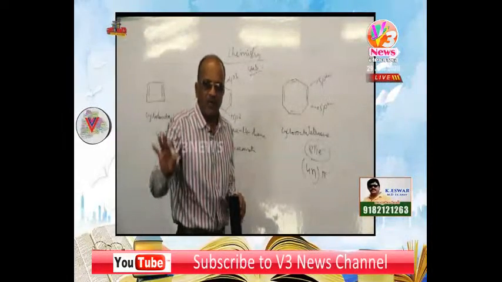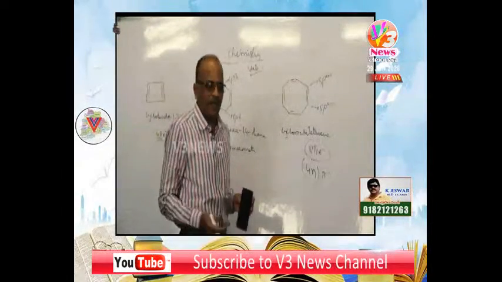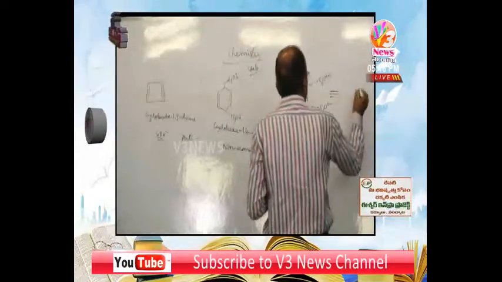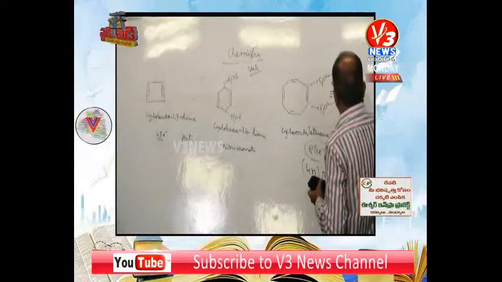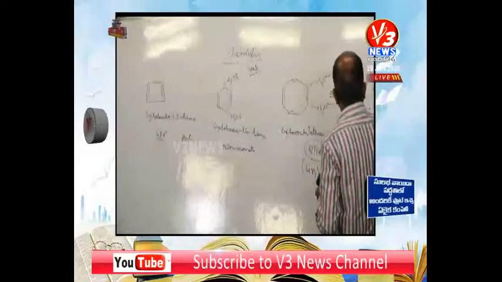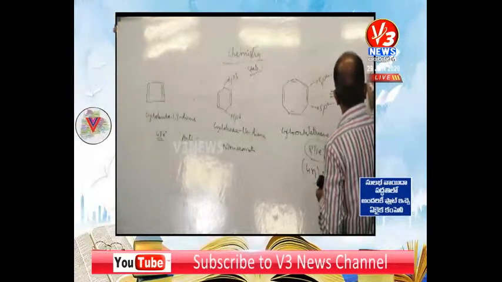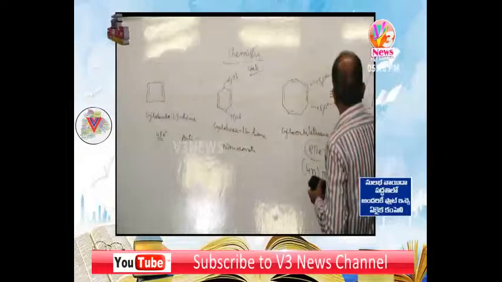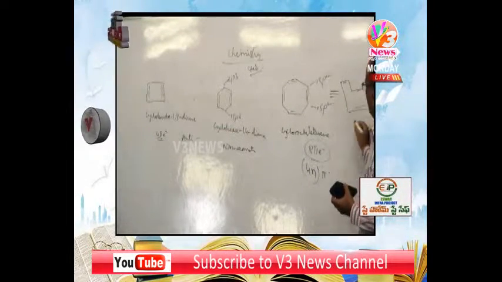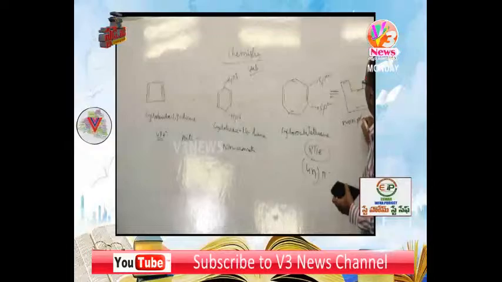Then it should be what? Anti-aromatic. But it does not exist in this shape. Because of strain, it changes into a tub shape. Because of this tub shape, it loses its planarity. So this is non-planar.